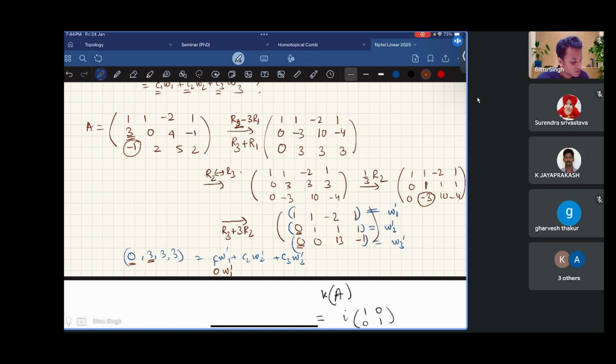Now the second element is 3. How can you produce it? What will be the scaling of W2 dash so that it becomes 3?